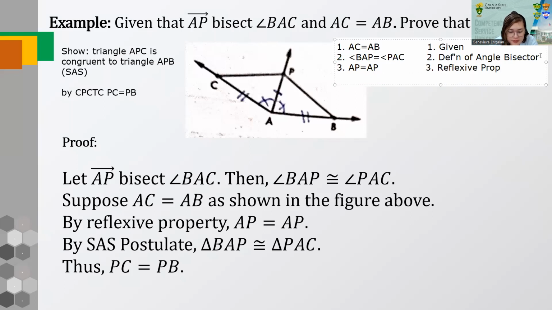Next, triangle BAP is congruent to triangle PAC. Okay, so SAS postulate. Triangle BAP is congruent to triangle PAC.